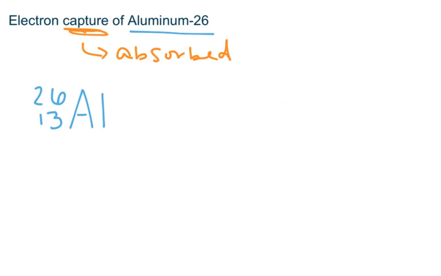So instead of drawing our arrow, we're going to add to the left side of the equation the electron capture particle. An electron capture particle is the same as a beta particle. The only difference is the side of the reaction that it goes on. Now we can draw our arrow and determine what the new element is.